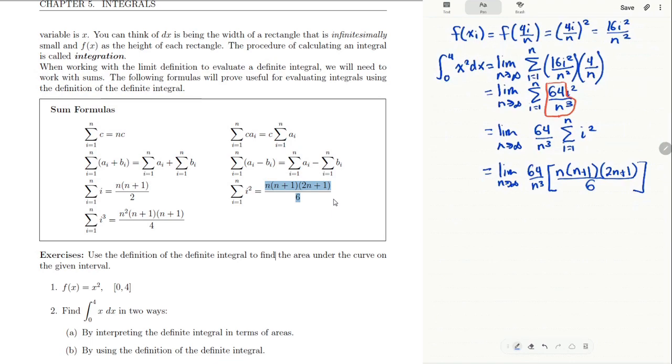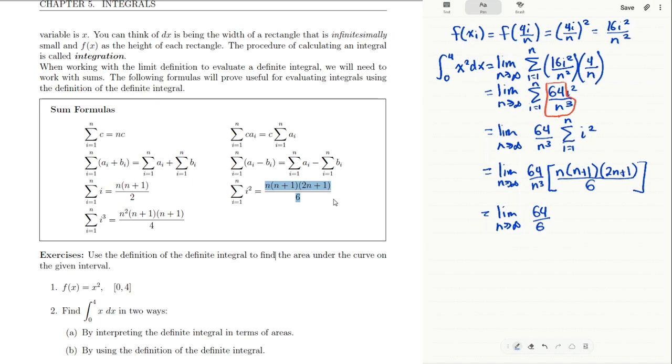So now let's simplify our expression. We have the limit of n going to infinity of 64 over 6. And now in the denominator, we have n cubed.